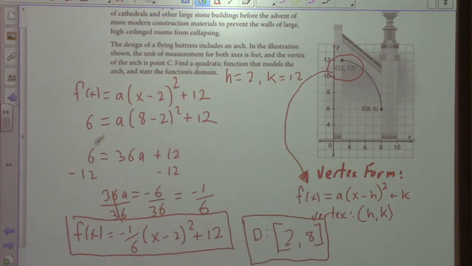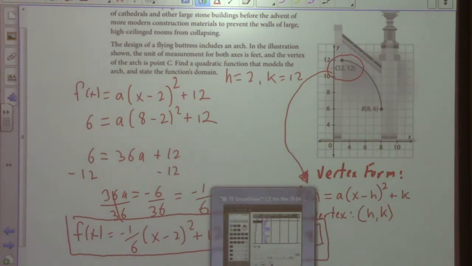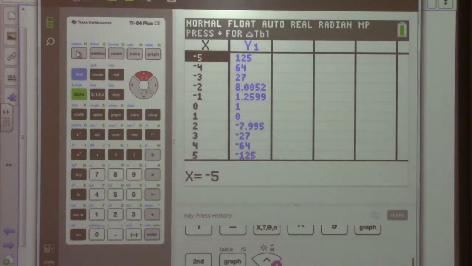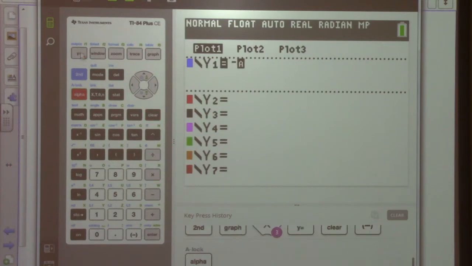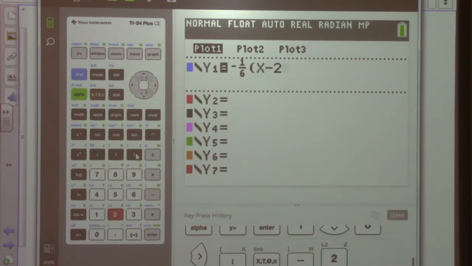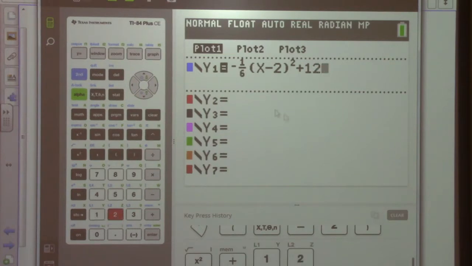And then one last thing you could do with the calculator is you can go over here and put in negative 1/6, x minus 2, plus 12, and see if you get that same point here, right?